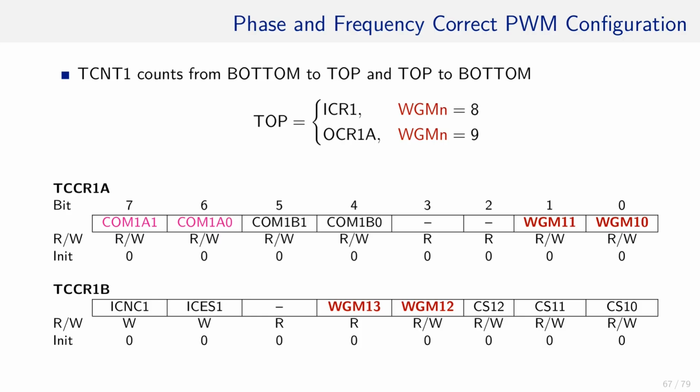Even in the TCCRnB, there are different settings now, such as ICNC1 and ICES1. That is new and no other counter has this, so timer 1 is special in more than one way. Let's compare the differences between the counters in the next session.